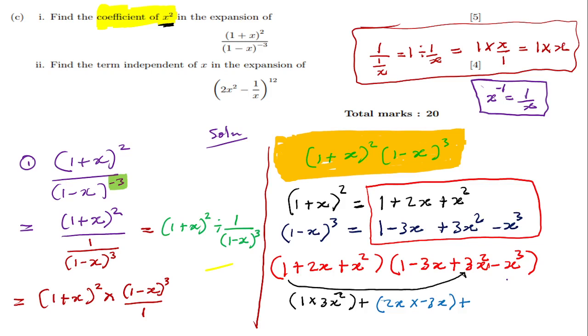Okay, what is the coefficient? A number in front. So the answer here is you say therefore the coefficient of x squared is equal to what? Is negative 2.